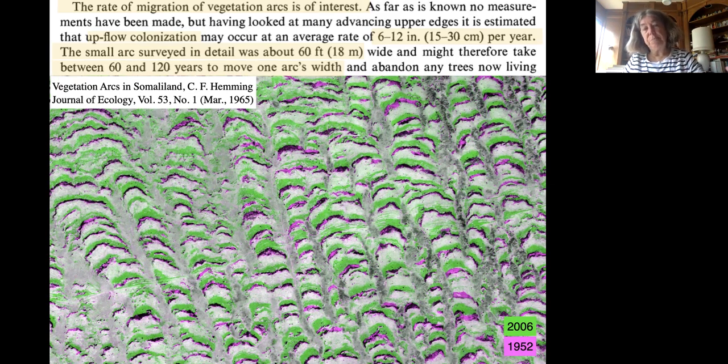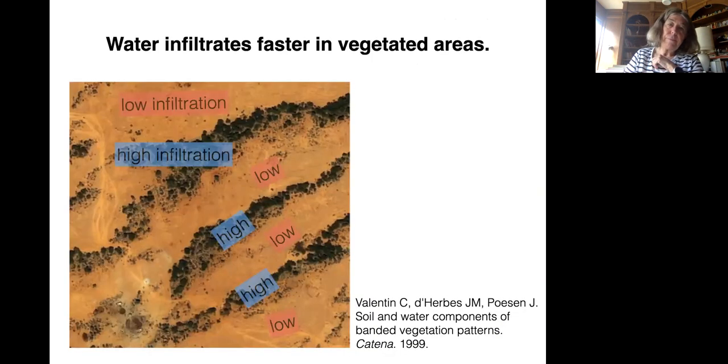And not just these. At any rate, that's almost considered a fact, that these vegetation bands are moving very slowly. And the mechanism for that, I believe, is pretty well understood.